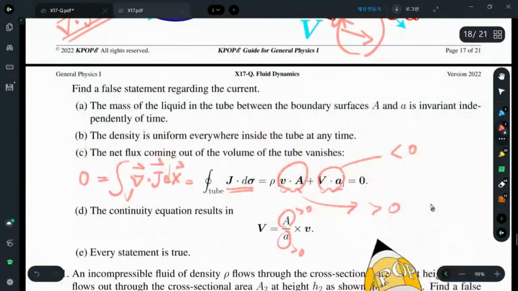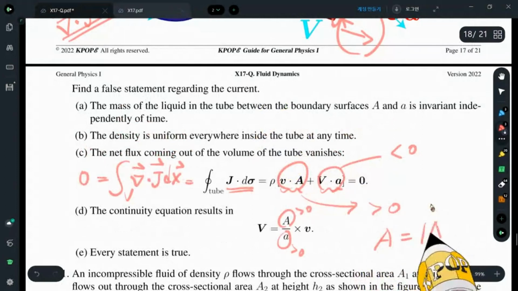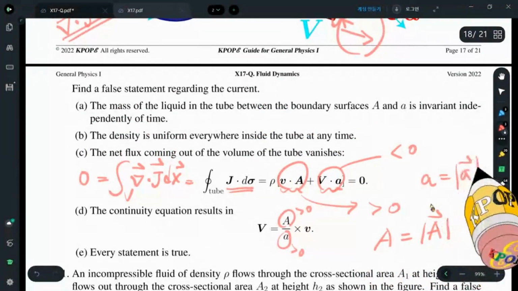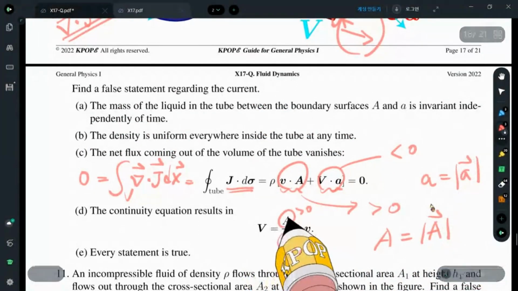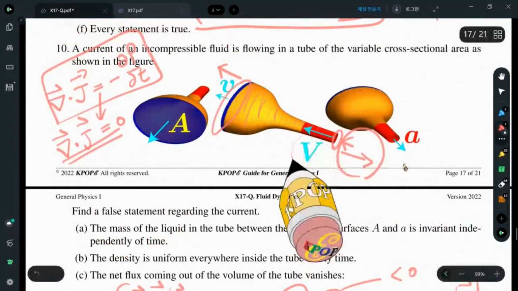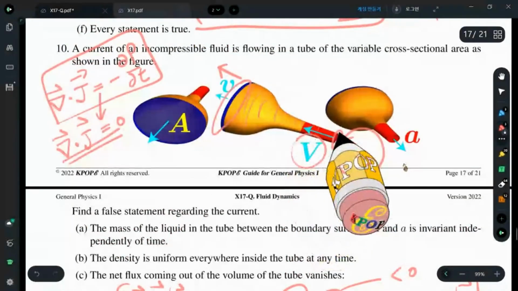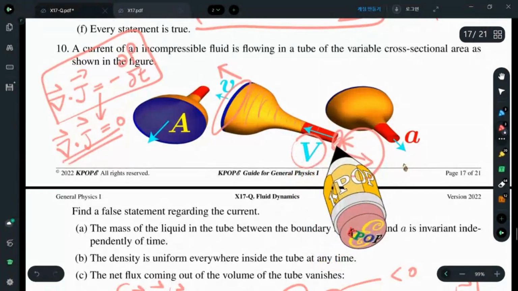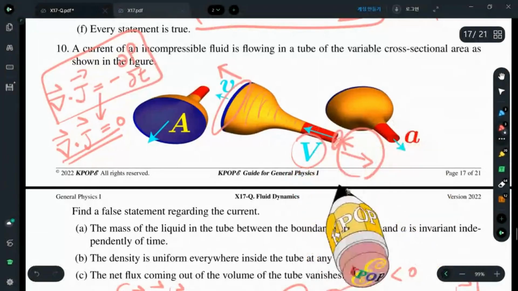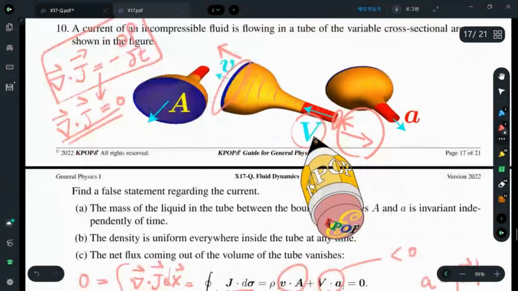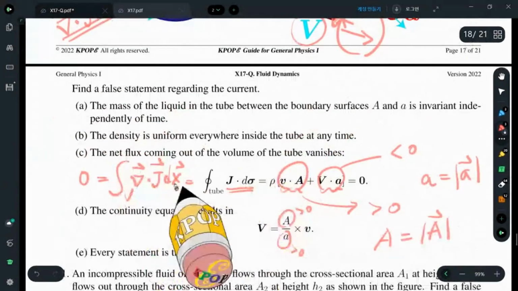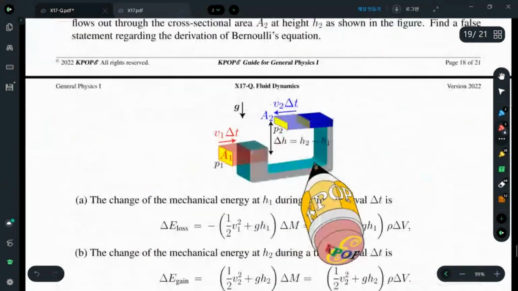Here, a is the absolute value of a vector, small a is the absolute value of a vector. So the reason why I have capital B here is that the small cross-sectional area has a faster flow of the current. This is the consequence of the continuity equation.